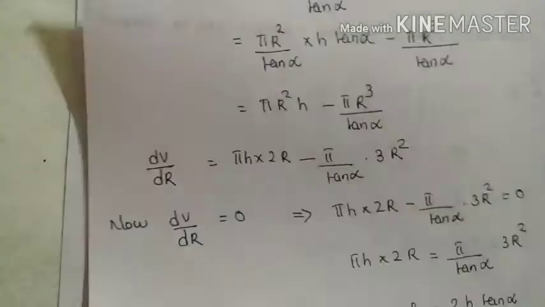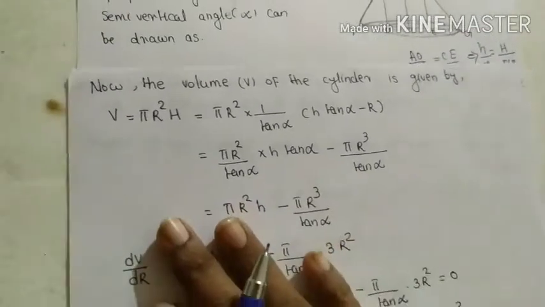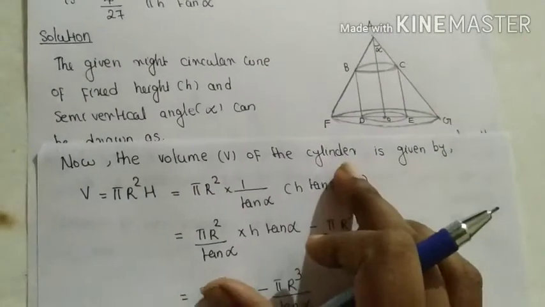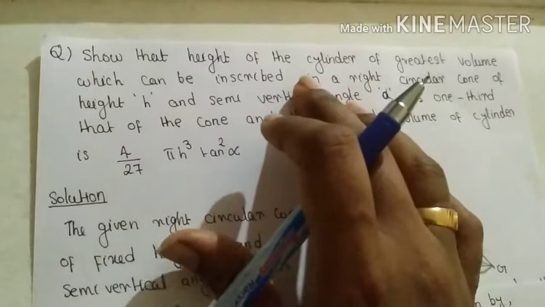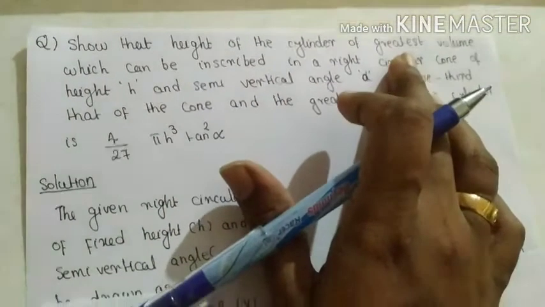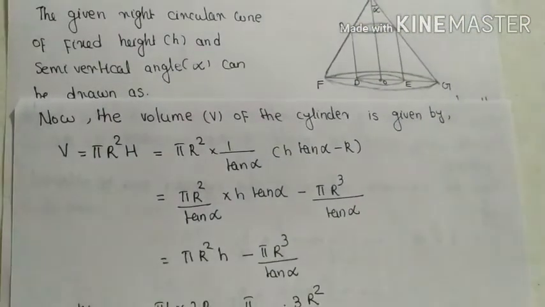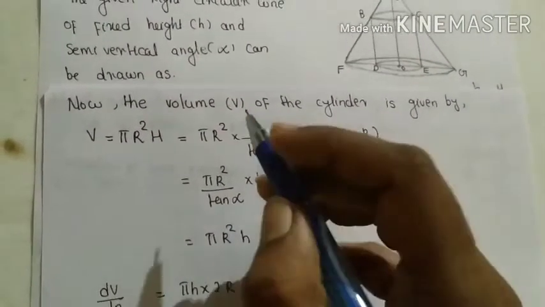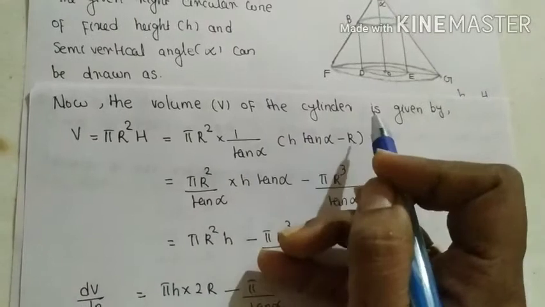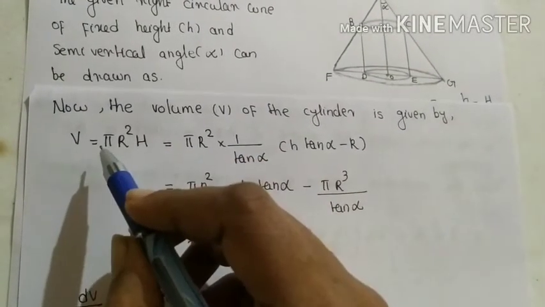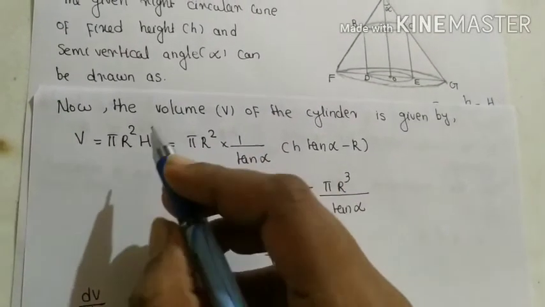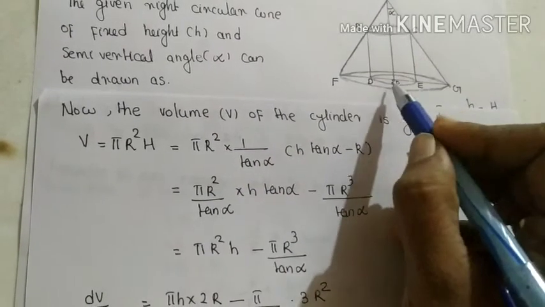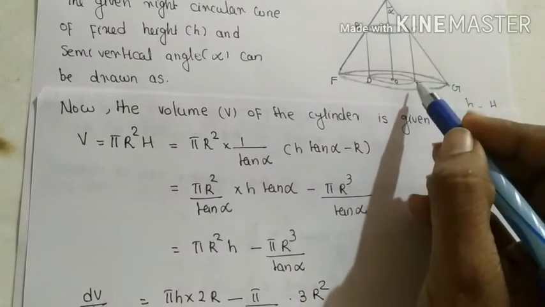Next, now the volume of the cylinder. It is given that the cylinder has the greatest volume, so we need to check whether the volume is greatest or not. The volume V of the cylinder, we know, is pi R square H, where capital R is the radius of the cylinder and H is the height of the cylinder.